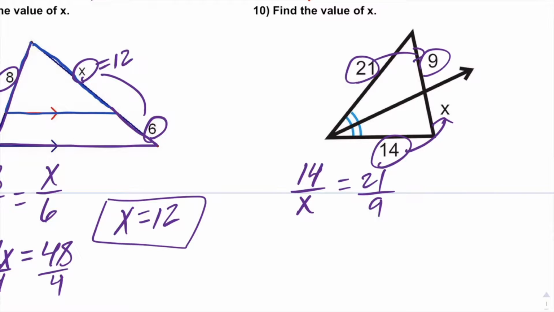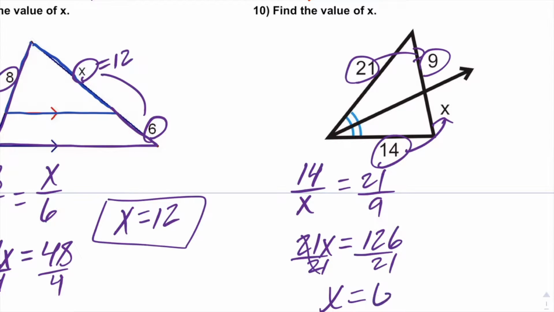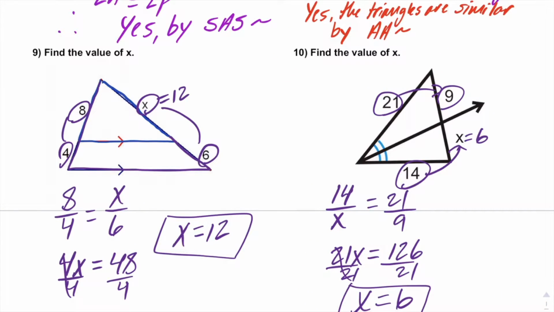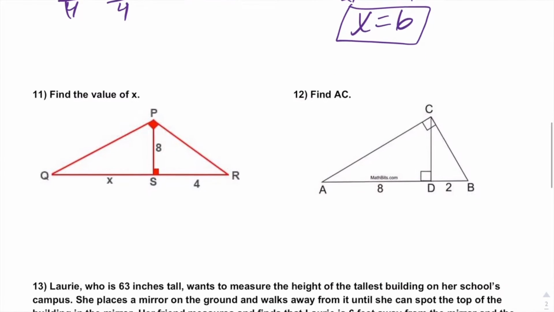Again, cross multiply. 126 divided by 21. X equals 6. Okay? Not too bad.